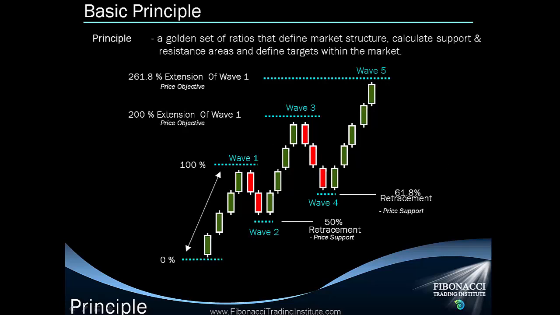Nothing else matters. You master price action, you master Fibonacci, all you have to do is identify what you want to trade. Nothing else matters. Nothing else works this accurately in advance.